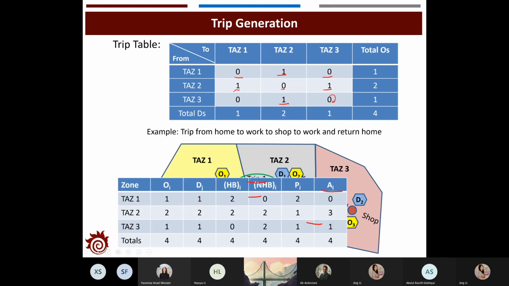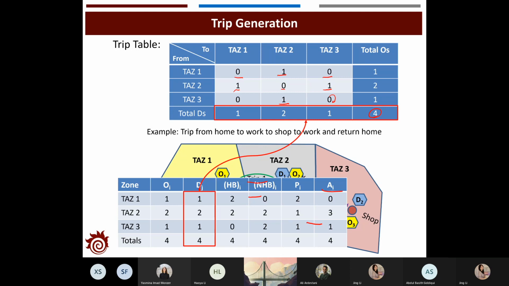And if we go back to check the table that we calculated previously, you can find that if you do the summation for each origin, the total number of trips will be the same as the origin, that is 1, 2, and 1. And if we do the summation for each destination, you can find that this value is the same as the destination that we calculated, that is also 1, 2, 1 in this example, and the total number of trips would be 4.